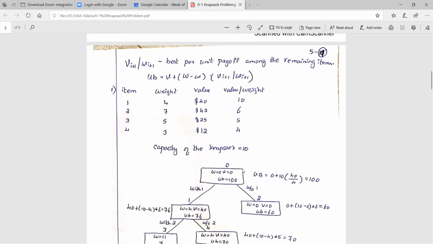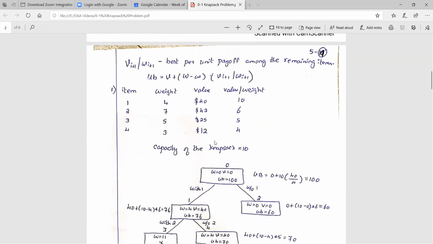I already told you the root of the state space tree: we have not selected any objects. If no objects are selected, the weight is 0 and the profit is also 0. So w is equal to 0 and v is equal to 0. Now we have to find the upper bound value.